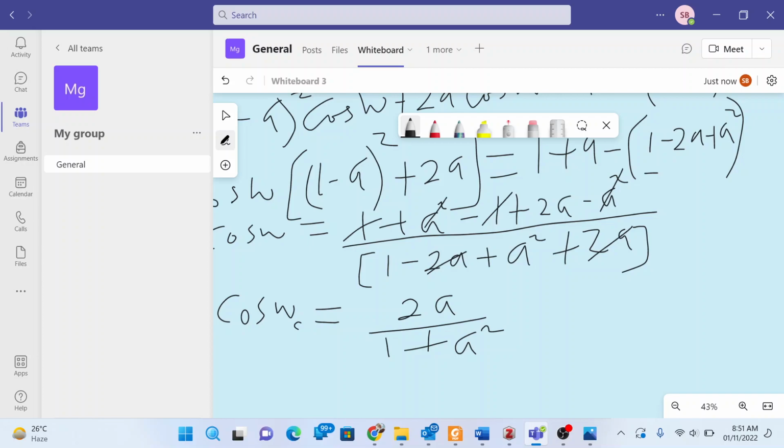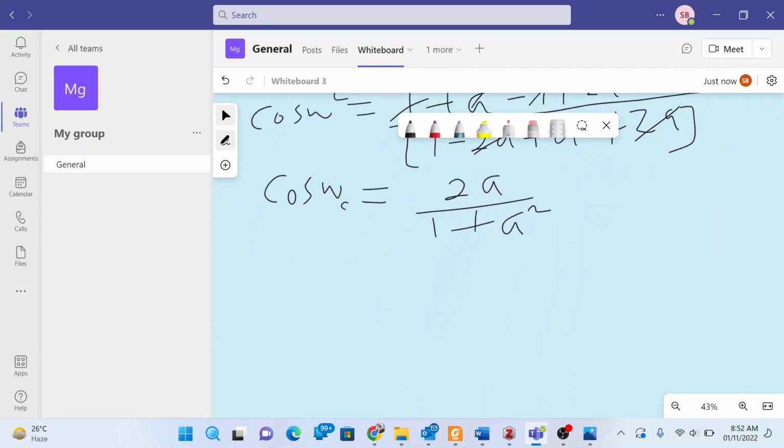That will be obtained by making a the subject of the formula. To do that, we just rearrange this particular equation. When you cross multiply, 1 plus a squared times cos omega is equal to 2a.